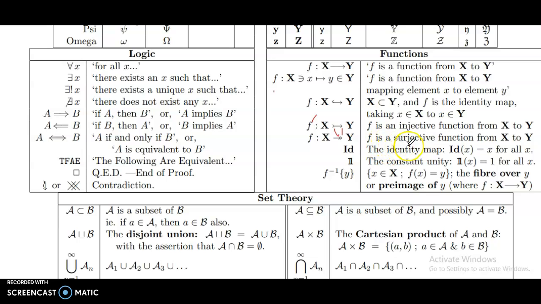That's why f is a surjective function from X to Y. If the arrow has a tail at the start, it is an injection from X to Y; if it is a double arrow at the forward side only, it means surjective. Then ID, the identity map: ID of x equals x for all x.